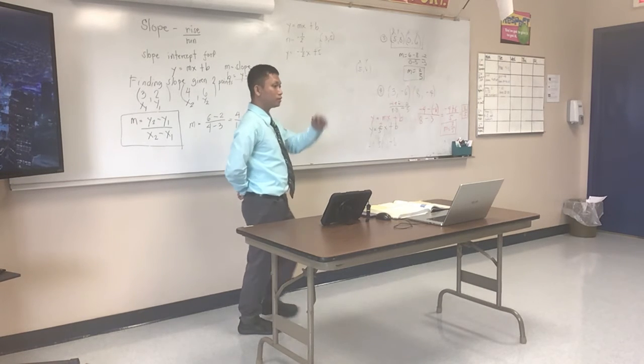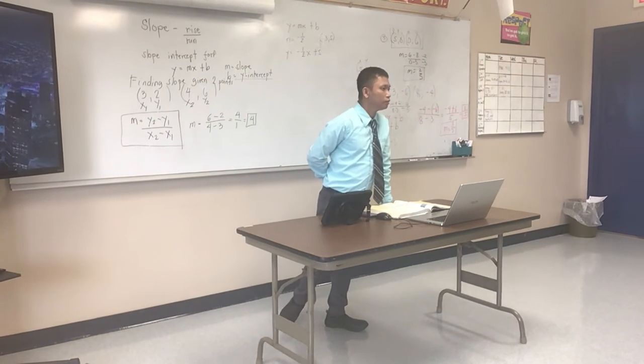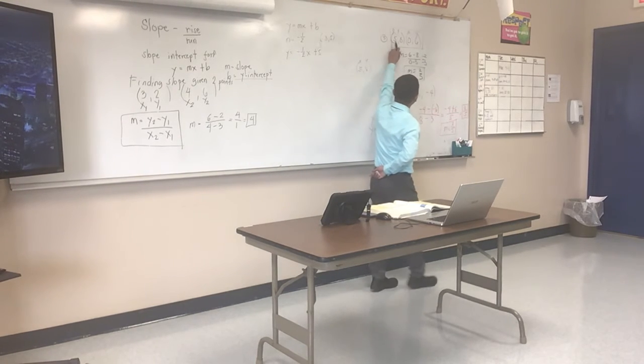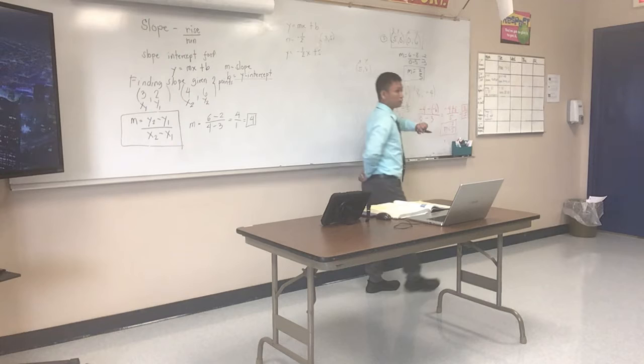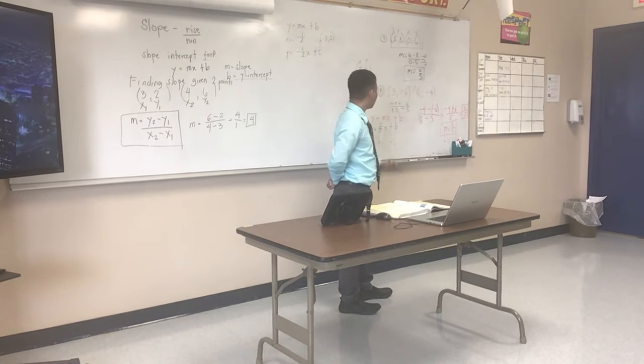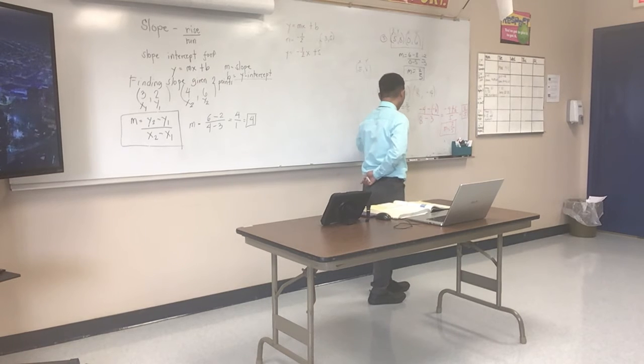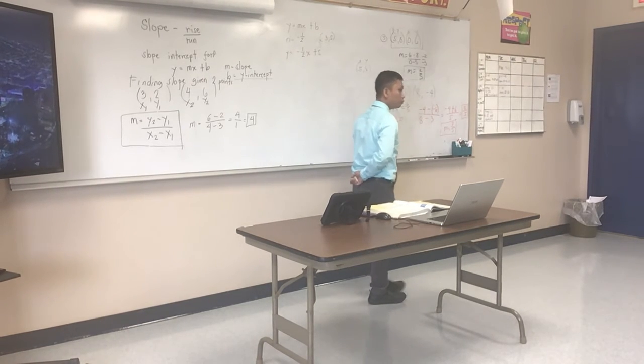You can pick either 5, 8 or 0, 6. So this would be 8 equals 2/5 times 5.